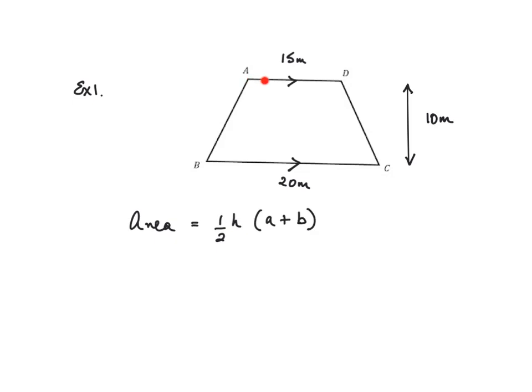So this would be A here, and this will be B. So 1/2 of 10 multiplied by 15 plus 20. 1/2 of 10 is 5, and 15 plus 20 is 35, and 5 times 35, 5 times 30 is 150, plus 25 is 175 meters squared.